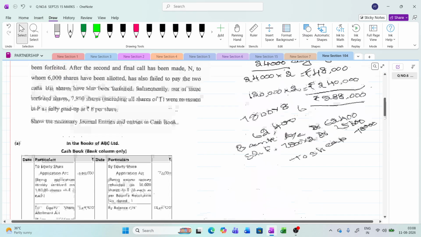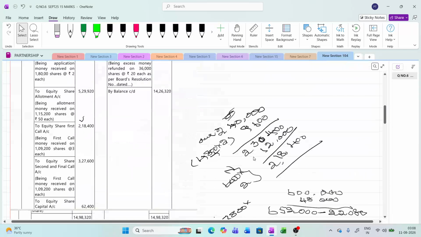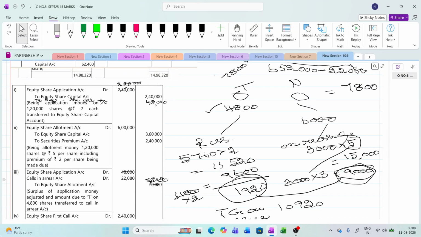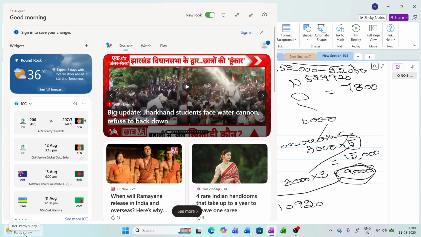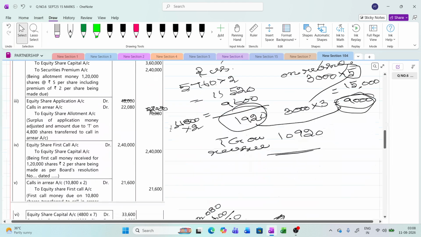Here you can take it as 5,29,920 received in the bank account. So this 22,080 has become your calls in arrear.